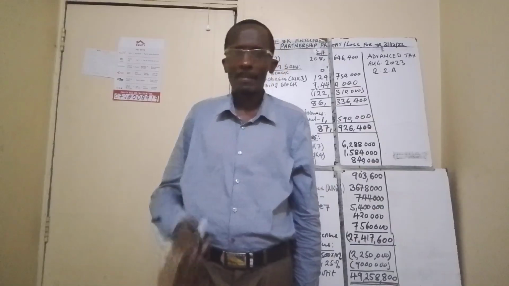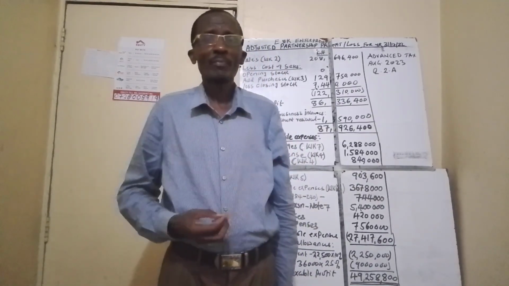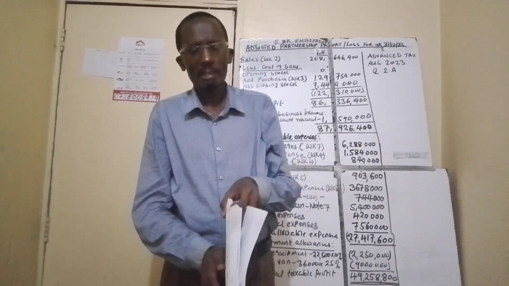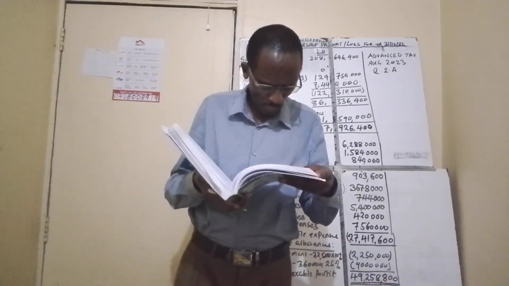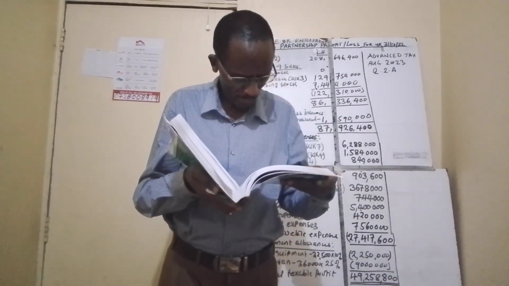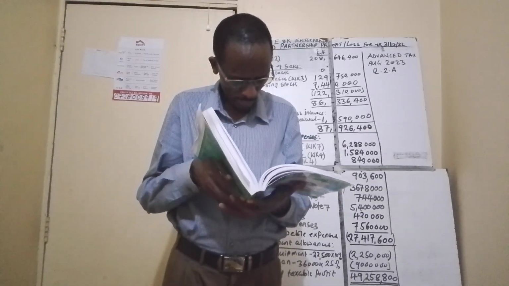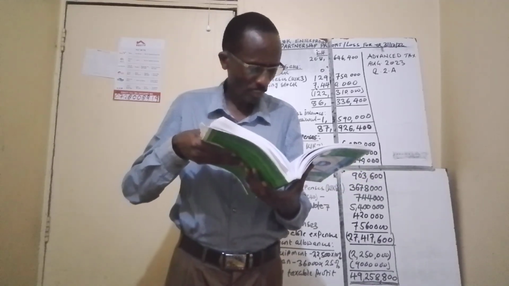So you will find in our solution how we will account for the discount received and the discount allowed in those specific control accounts. Number three, we are told bad debts amounted to shillings 948,000, out of which 24,000 relates to a loan advanced to E that was overdue.